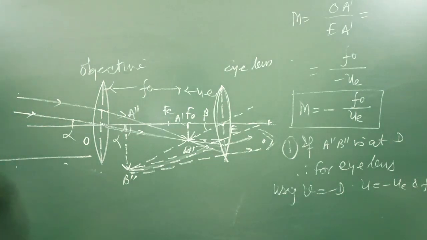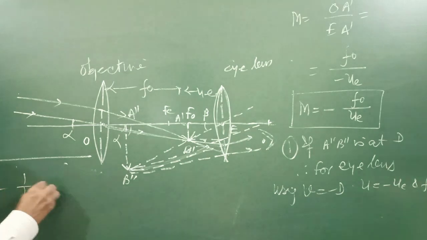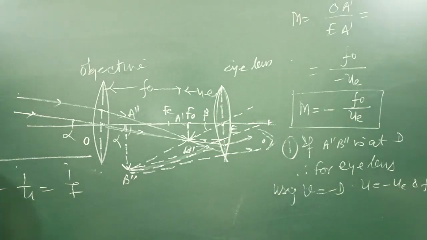That is 1 upon V minus 1 upon U equal to 1 upon F, so 1 upon minus D minus 1 upon minus UE equal to 1 upon FE.